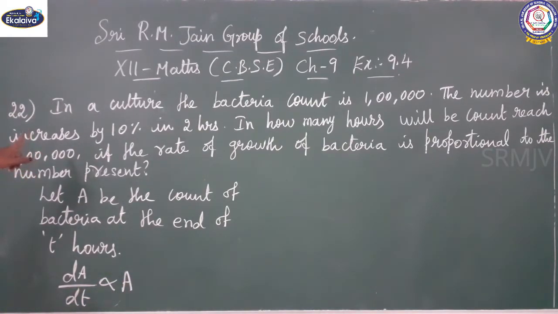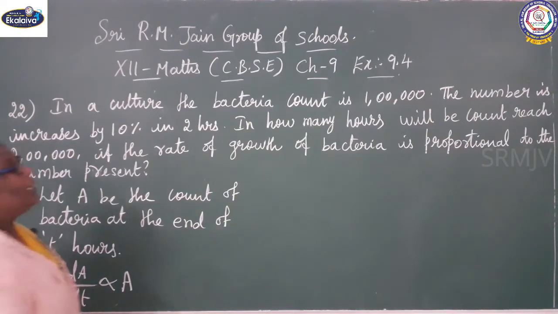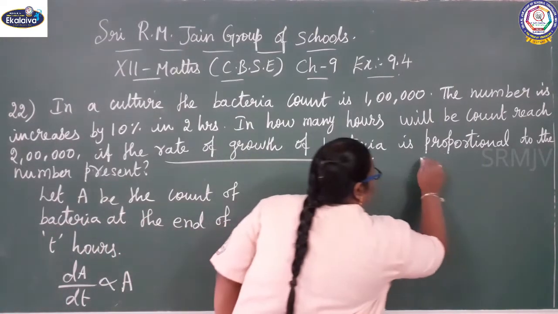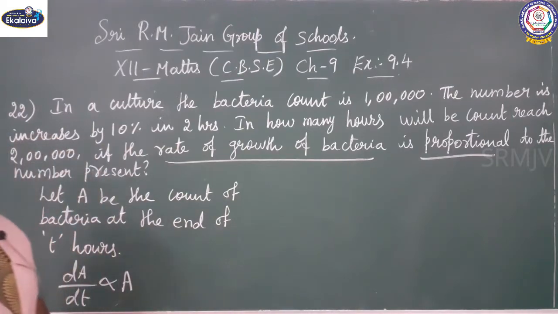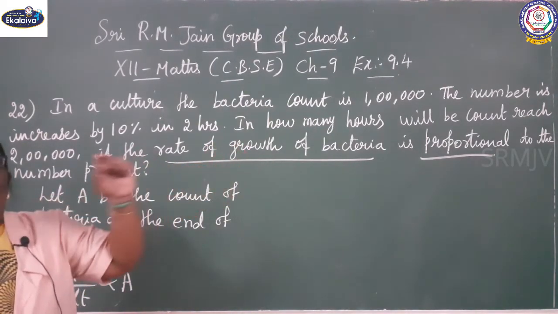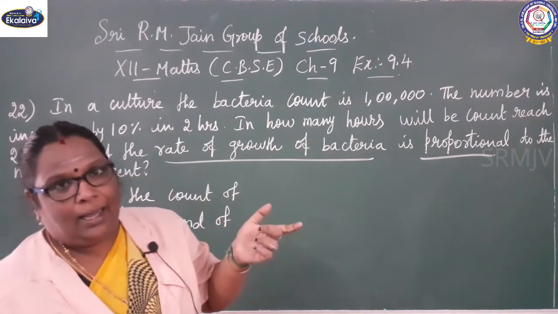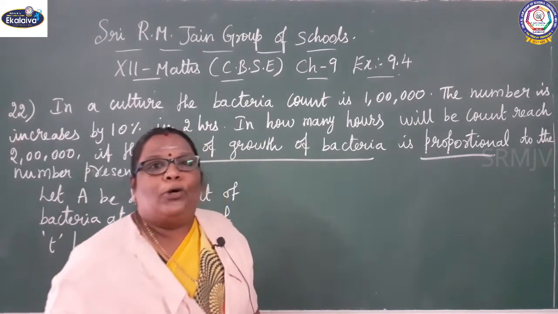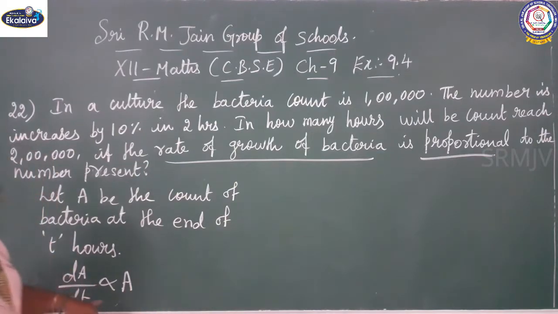See here, in a culture, the bacteria count is 1 lakh. The number increases by 10% in 2 hours. The rate of growth of bacteria is proportional to the number present, so you can mention the proportionality sign. If it is not given, you can put straight away that it's equal to a constant rate of growth, which you can write as equal to K. But it is given as proportional, so you can mention that symbol.